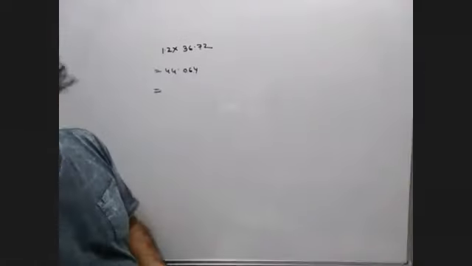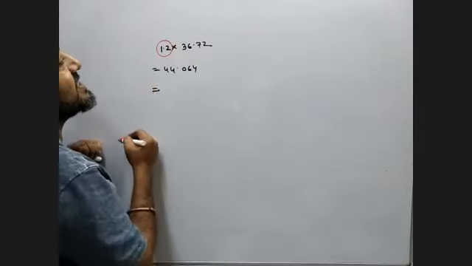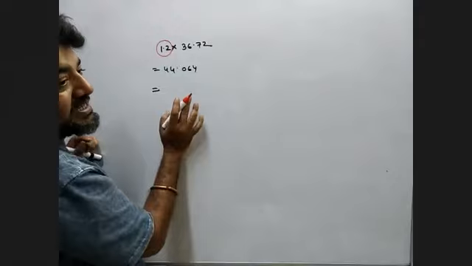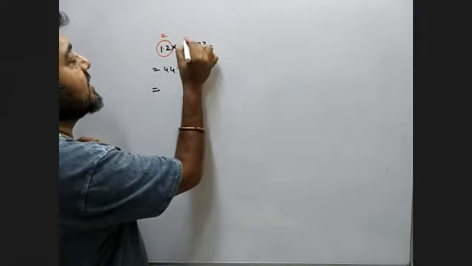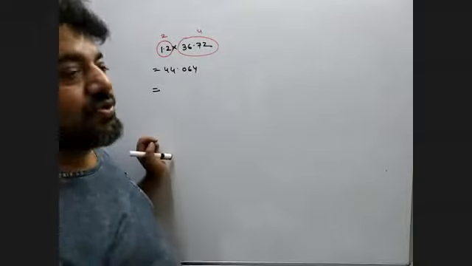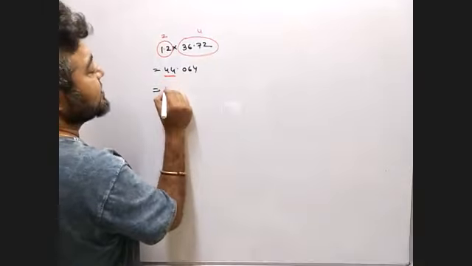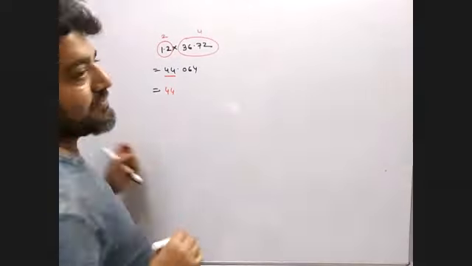Very good. Excellent. See here, my least number of total significant digits, not after decimal, is 2. Here my total is 4. Who is least? 2. So my answer must be in 2 significant digits. So my answer is 44. Clear, everyone?